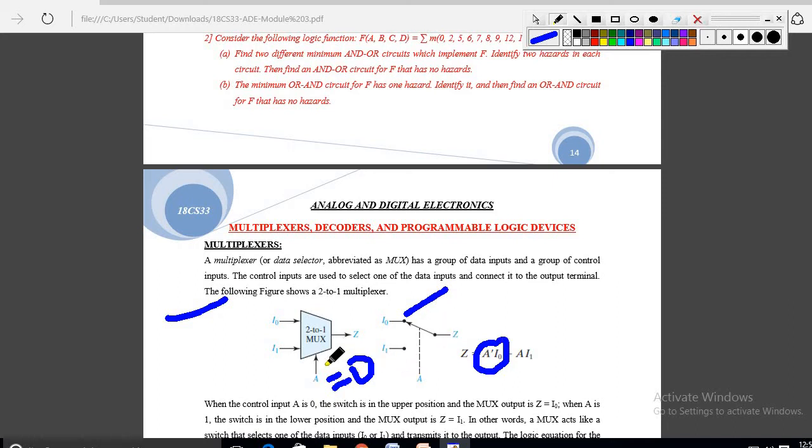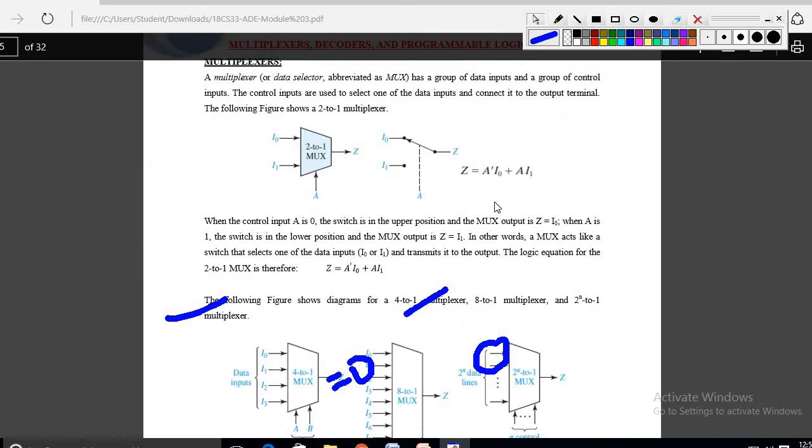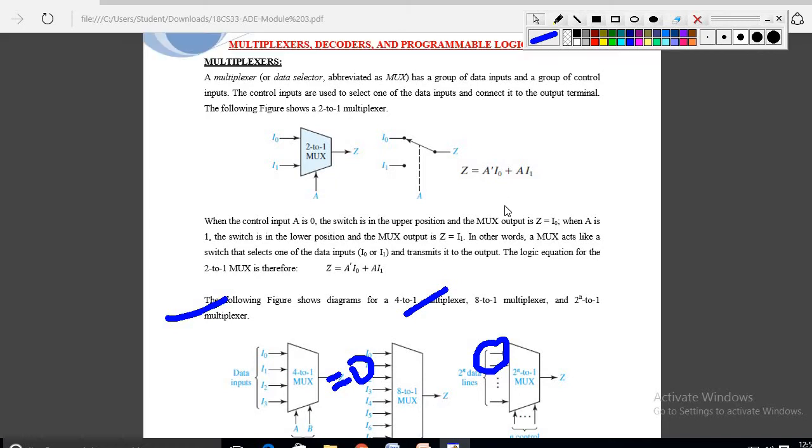If A is equal to 1, it will select the downward direction, that is A I1. This is a simple thing. The expression for this is A dash I0 plus A I1.